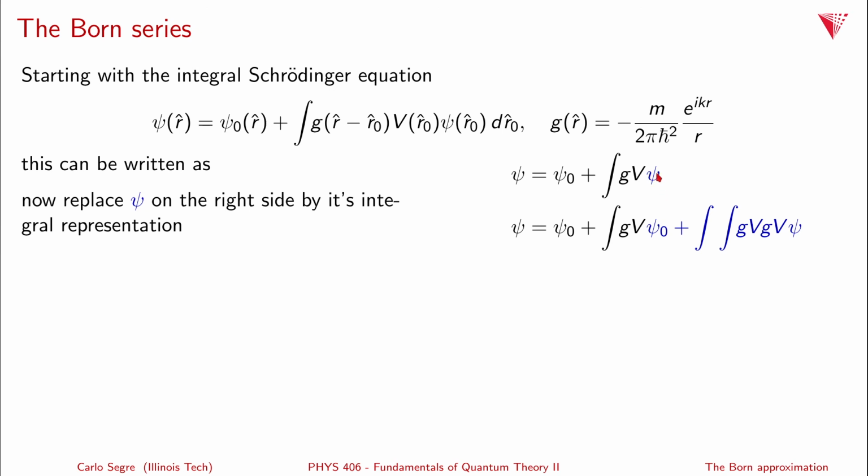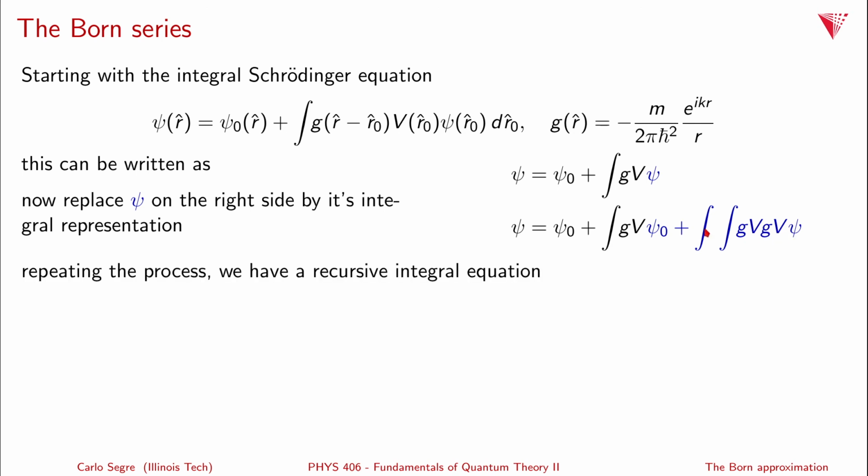Psi is just psi 0 plus this integral, but that introduces another integral. So psi now is equal to psi 0 plus integral of G V psi 0, because that's the first term, and the second term introduces a second integral, so you get integral of G V times G V psi.